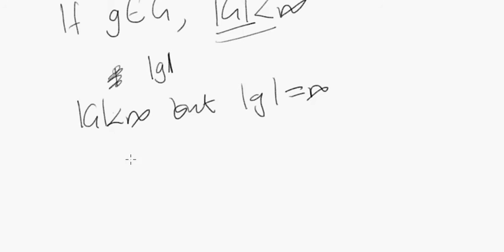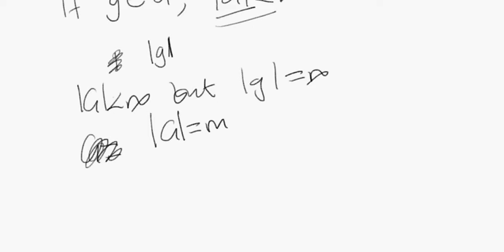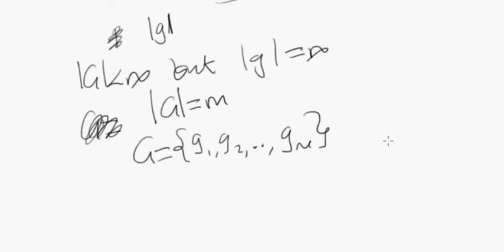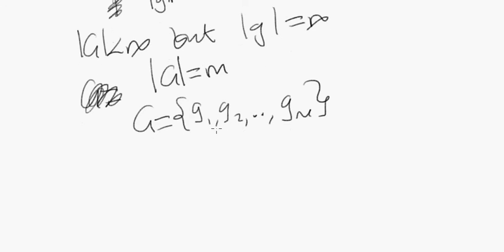Well, okay. What's the set G? If G is finite, suppose we set the order of G equal to some m, where m is some natural number. Is there anything stopping us from writing the group elements like this: g1, g2, all the way up to gm?